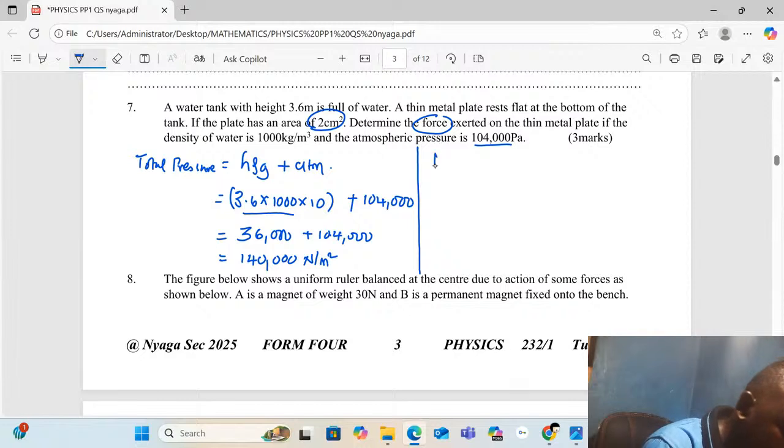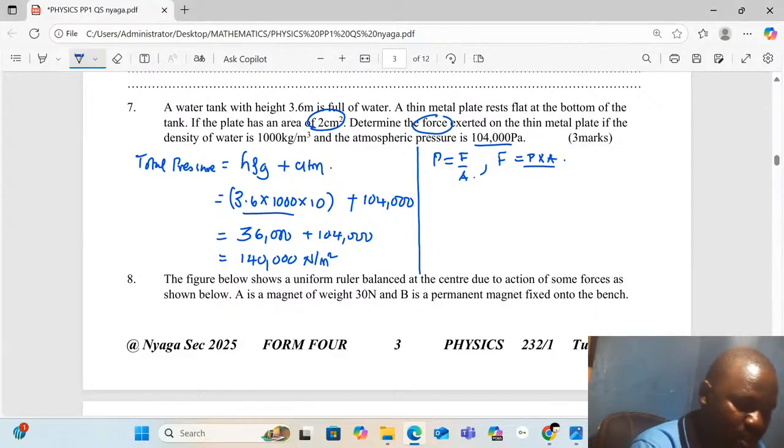Therefore, pressure can be given by force over area. So in this case, you want the force, which will be pressure times area. Remember, the area that we have been given is in square centimeters, and therefore we need to convert it into SI units so that we can work out.